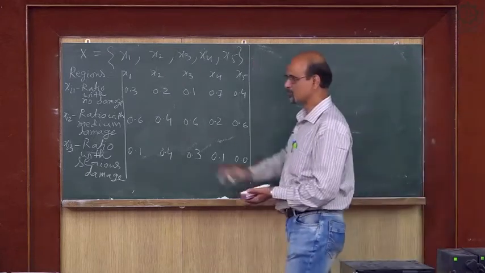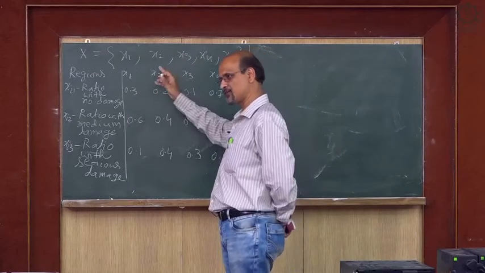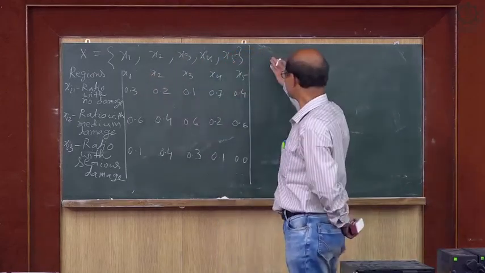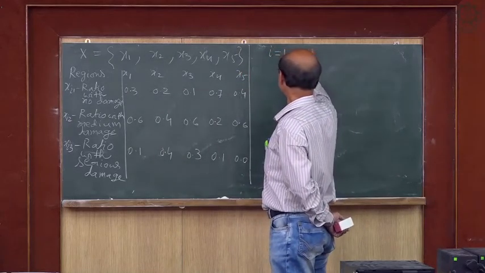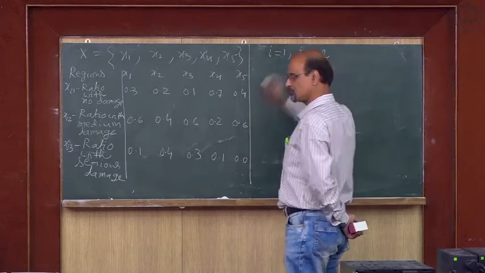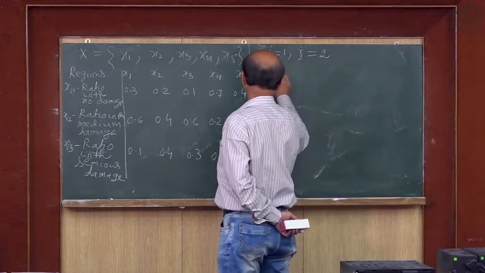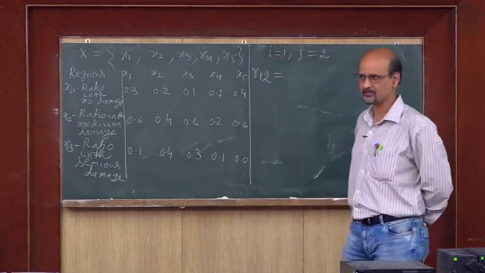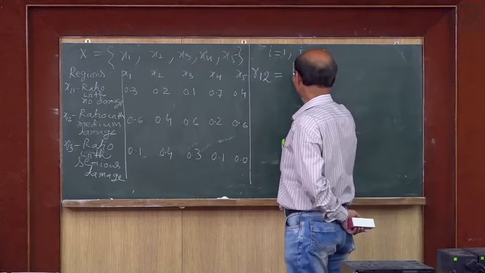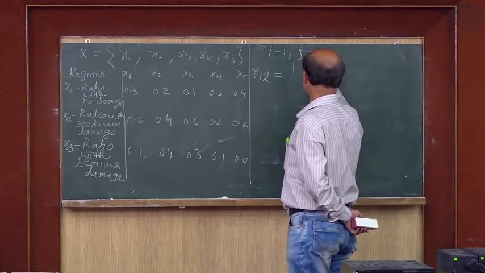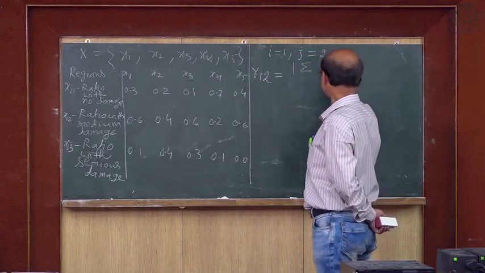Because I will have 5 by 5, meaning R11 to R15 like that, let us give one example, just R12. That means i equal to 1, j equal to 2. I want to find R12. If I do one, you can do the rest. So, the R12 formula is the summation of xik xjk. So, what is k?